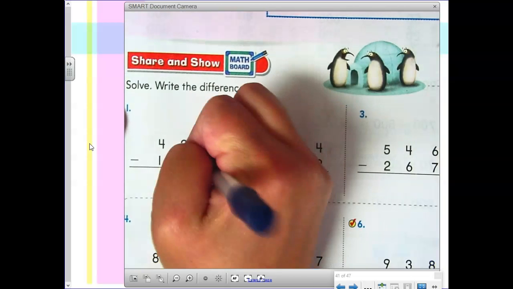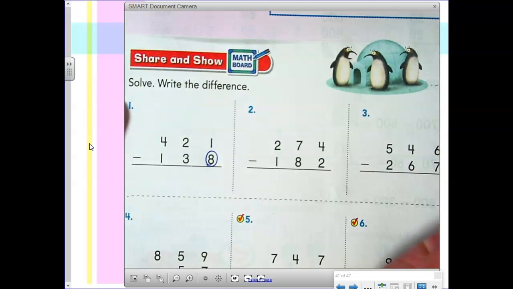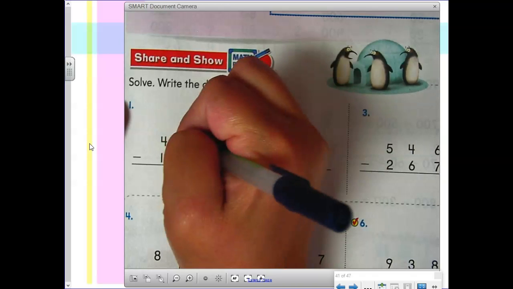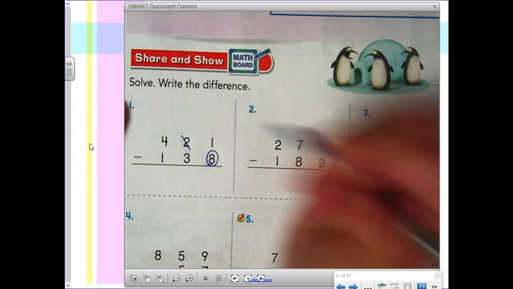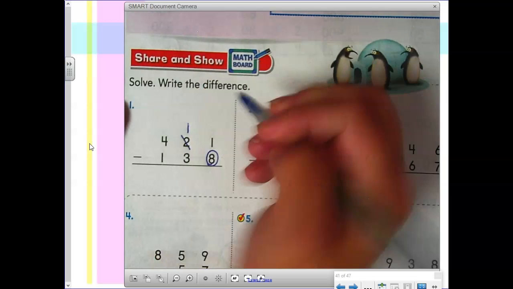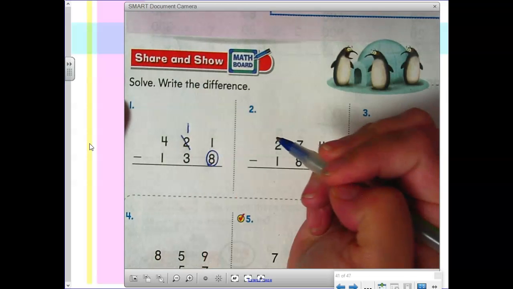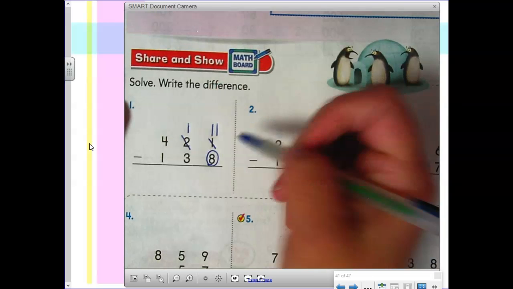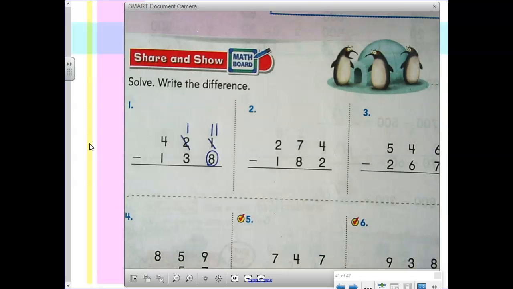We have more on the floor, so what do we do? Go next door and grab 10 more. So 2 minus 1 equals 1. 1 plus 10 equals 11. 11 minus 8.